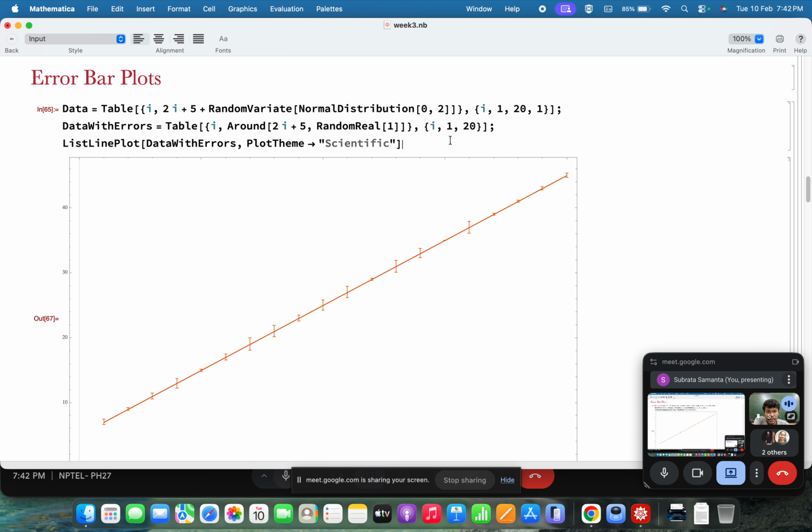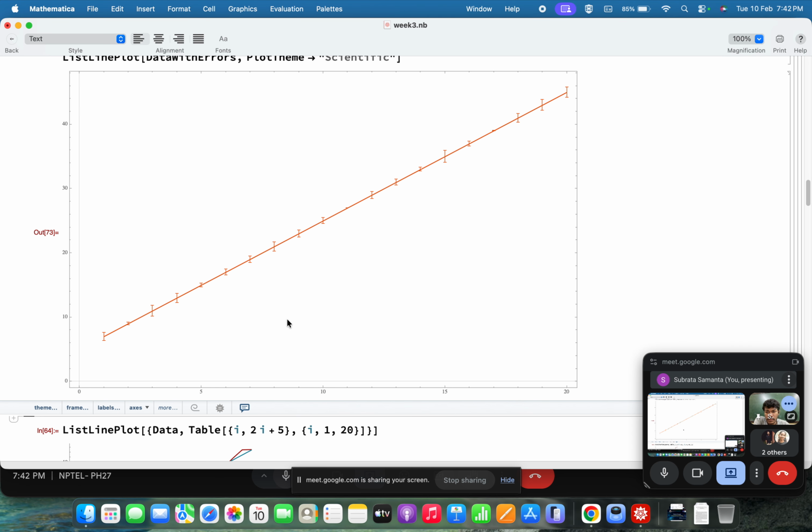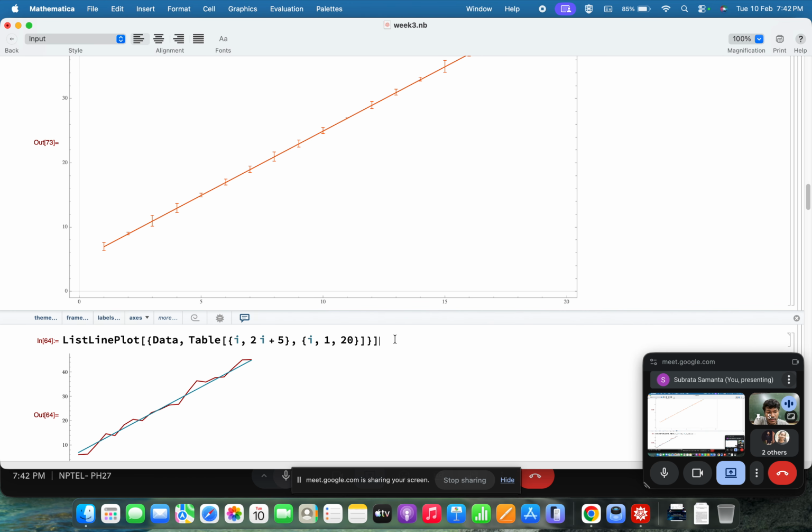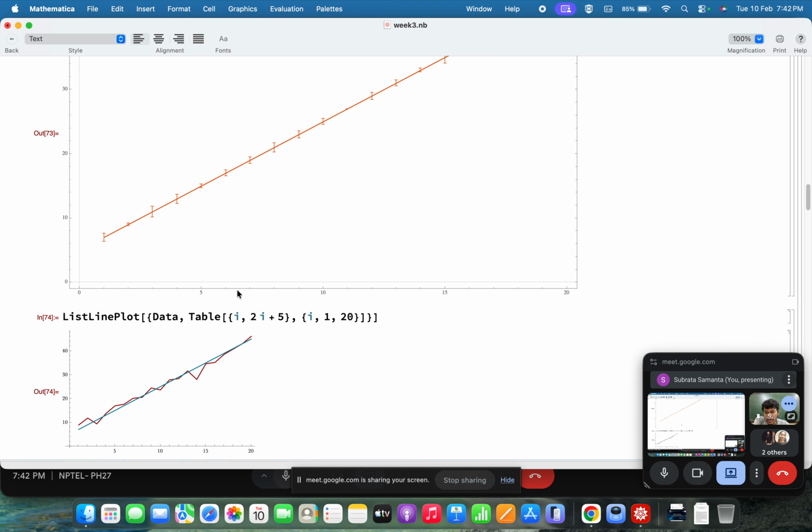I generate this again. This is random, that is why it fluctuates. Let us generate this and then I can put this. You see that for the first point the error is large, because you predicted this and you are getting this value. The red one is basically the first one.